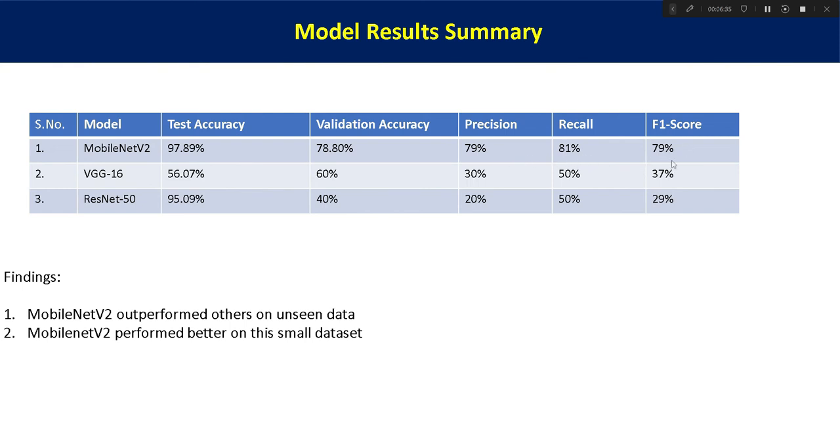And here it is also giving 79%. So it is not that this is the final. We can always improve our model by including more images, doing some more augmentations, further fine tuning, tuning the batch size, tuning the layers, or changing some optimizers.